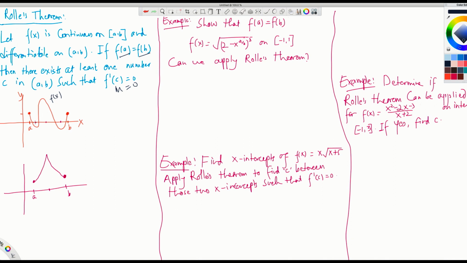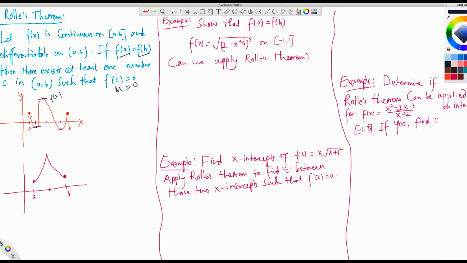Yes, there are 3 points actually. At this point the slope is parallel to the x-axis. At this point the slope is parallel to the x-axis as well, and at this point the slope is parallel to the x-axis. You see that? You can find at least one critical point. That's what it is saying. But critical points also include points where the derivative is not defined, and this also works here.